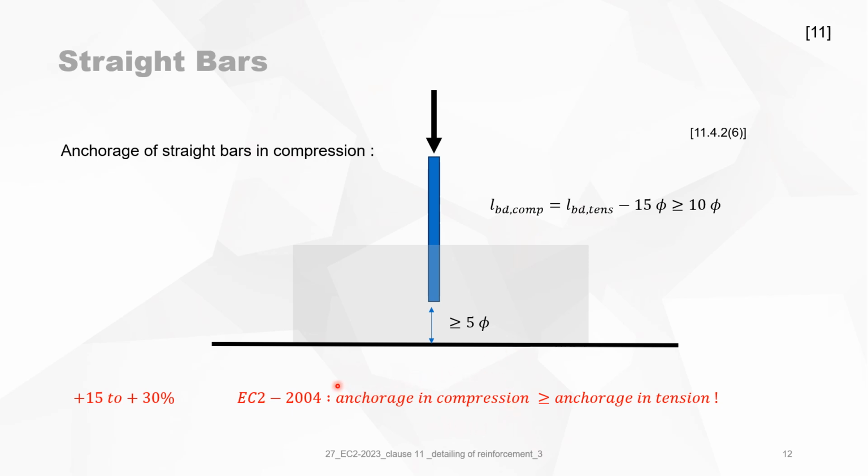So most likely this is because at that time there were not enough data to calculate the anchorage length needed in compression. And when you have less data, you cannot make a very good empirical approach, and you must put yourself on the safe side. So maybe that's the reason. I don't know, but maybe this is the case. Otherwise, it makes no sense at all.